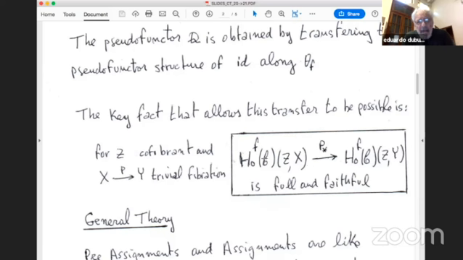We have the homotopy category, and if we compose afterwards with a trivial fibration, then this functor is full and faithful. This means that any two cell here comes from a unique two cell there.